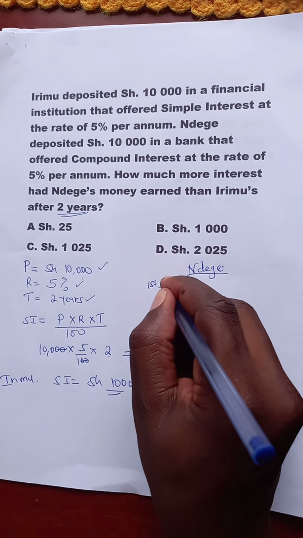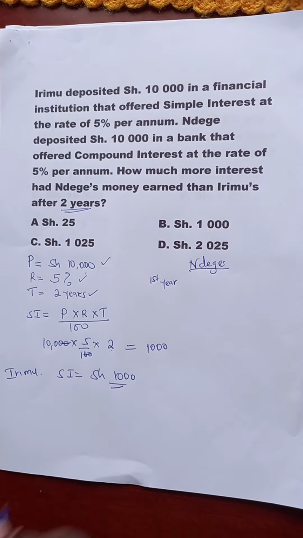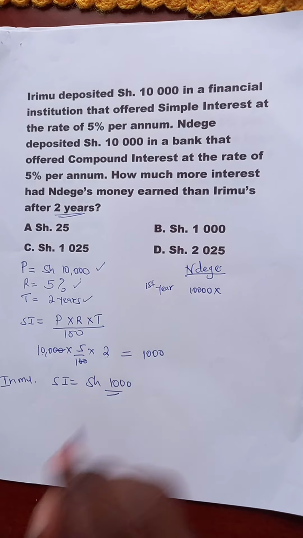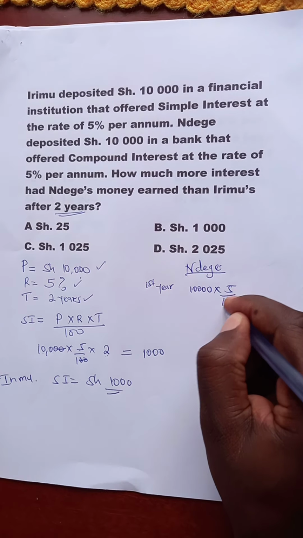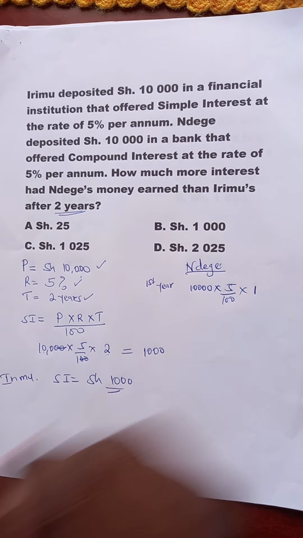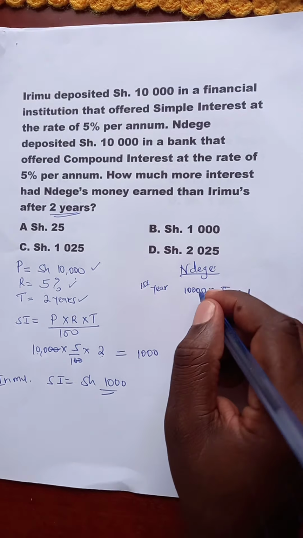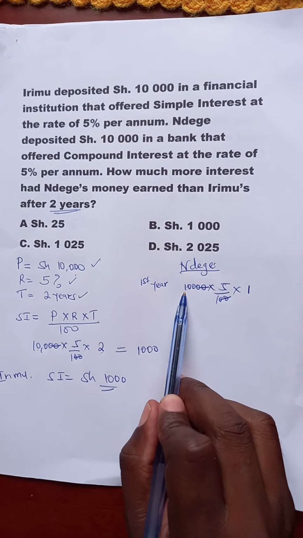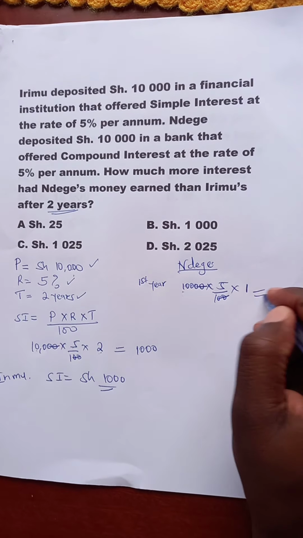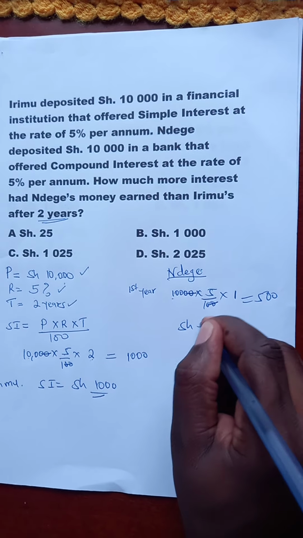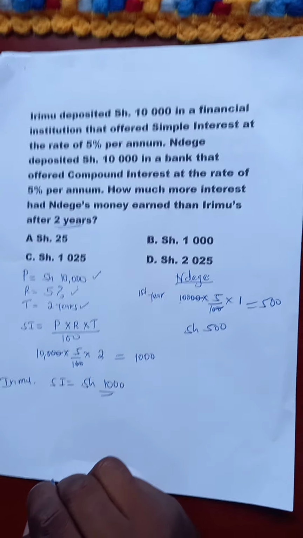For the first year, it will be principal 10,000 times rate 5% times 1, the first year. We cancel where possible, 2 zeros go, 2 zeros go, you are left with 100 times 5, which gives you 500. Shillings 500 is the interest of the first year.